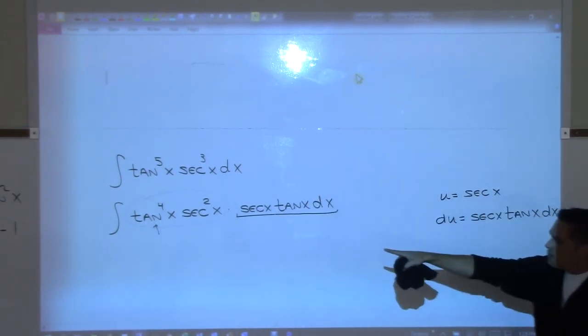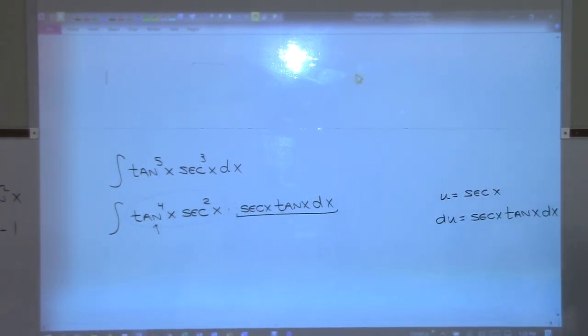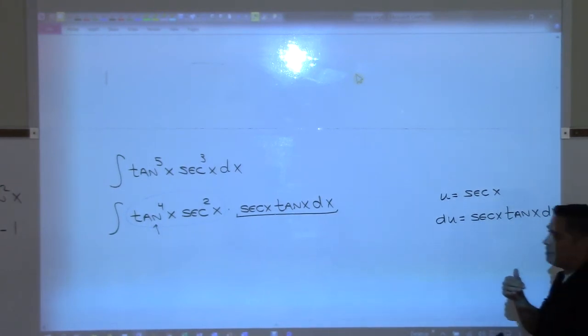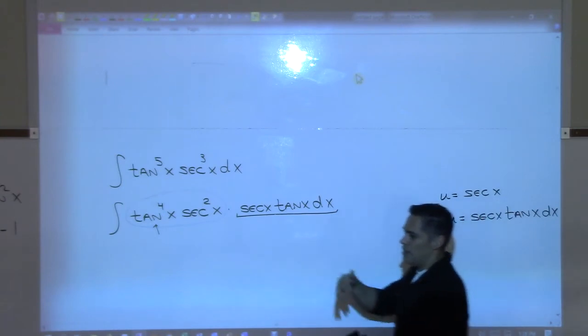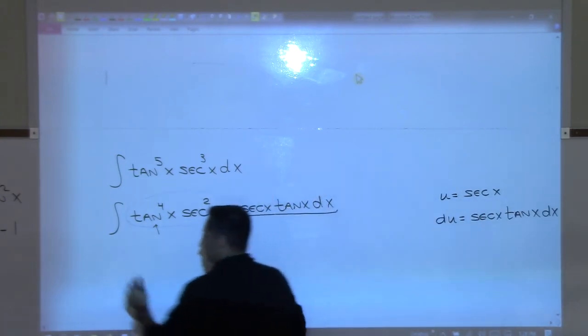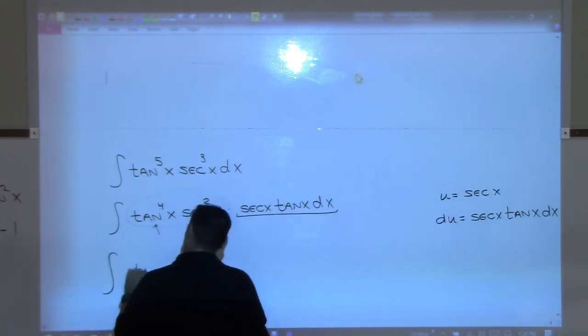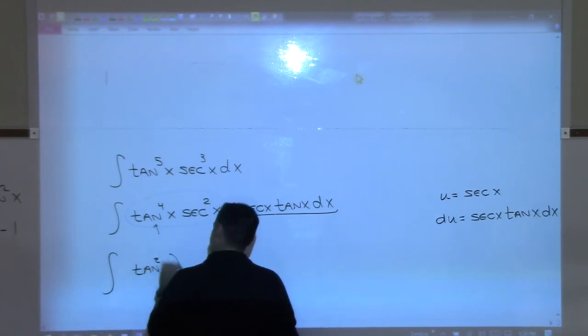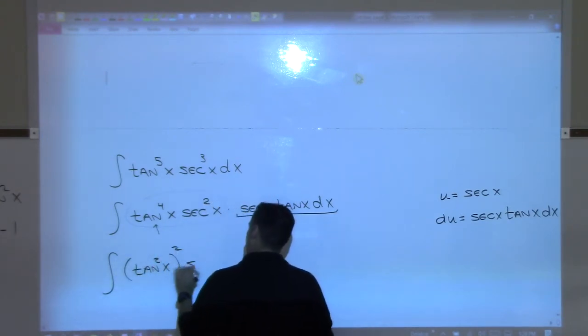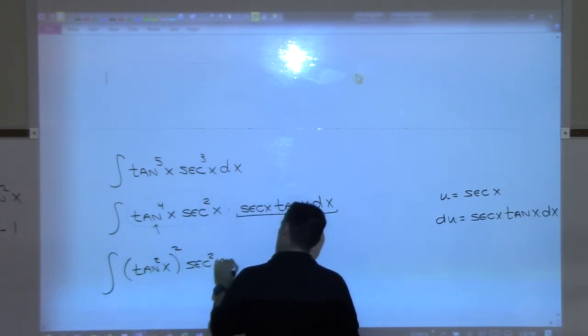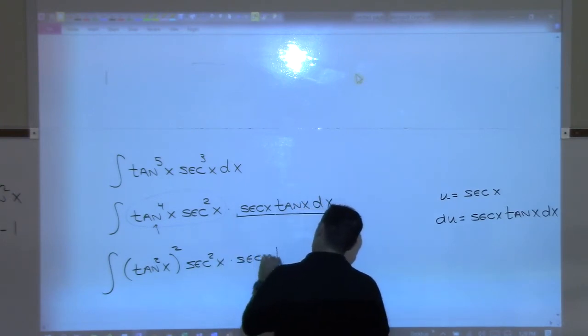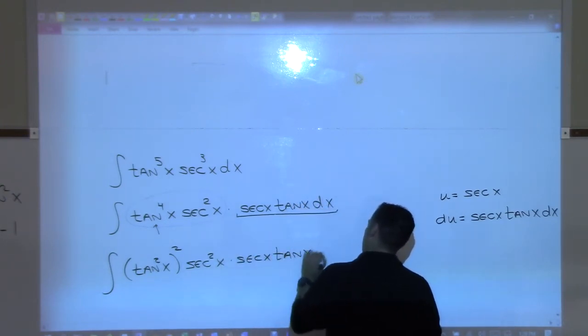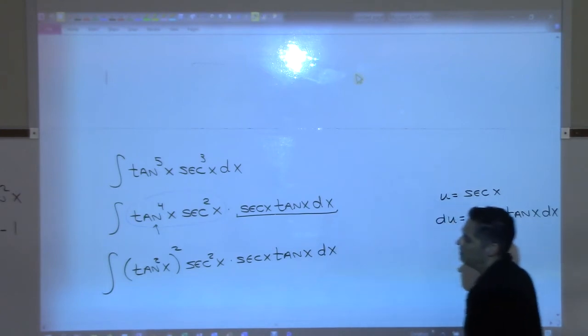We can't use the Pythagorean identity straight away because we don't have tan to the fourth in the identity. So this is where you would rewrite tan to the fourth as tan squared x, squared, and then secant squared x times secant x tangent x dx.